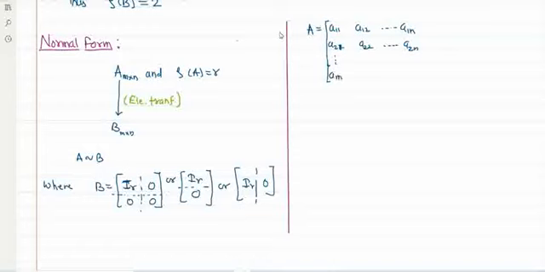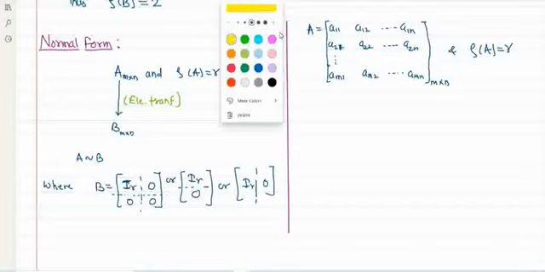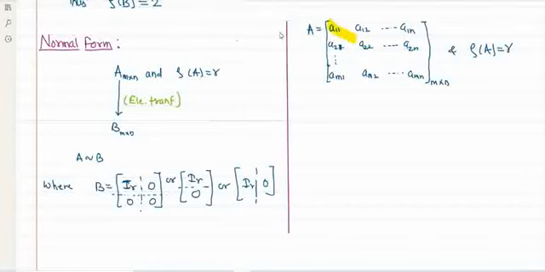Suppose the last row is given by am1, am2, dot dot, amn. So this matrix is of order m by n, and the rank of the matrix A is r. While solving an example, first you have to fix the diagonal entries of this matrix. Even though we talk about diagonal entries for a square matrix only, if it is rectangular, we can consider a11, a22, a33; these are the diagonal elements.